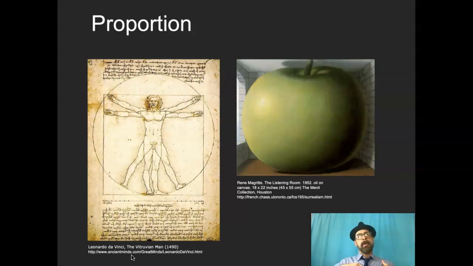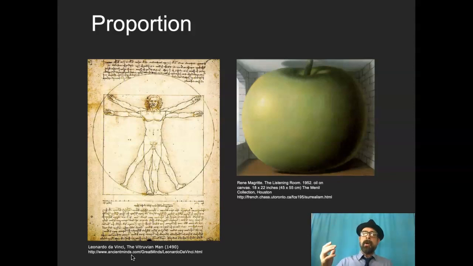There's a certain proportion that could be understood as human form. But, so the parts in relationship to each other and in relationship to the whole, there are certain proportional norms, although we could argue about what's normal and what's not.